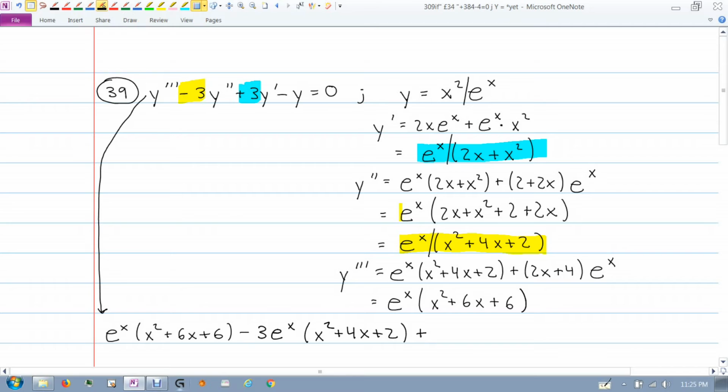So 3e to the x times 2x plus x squared, and then finally minus y, which is this.